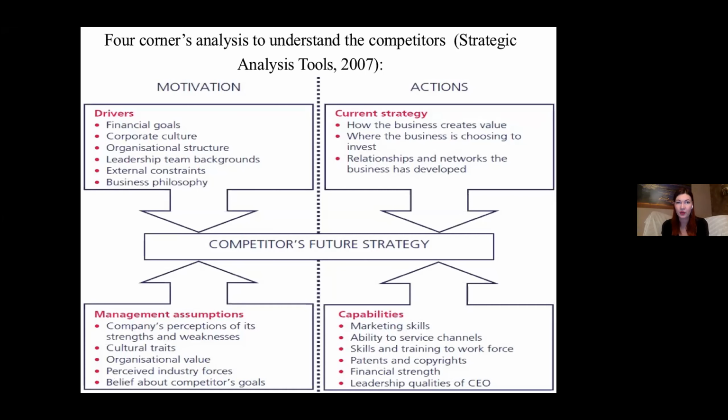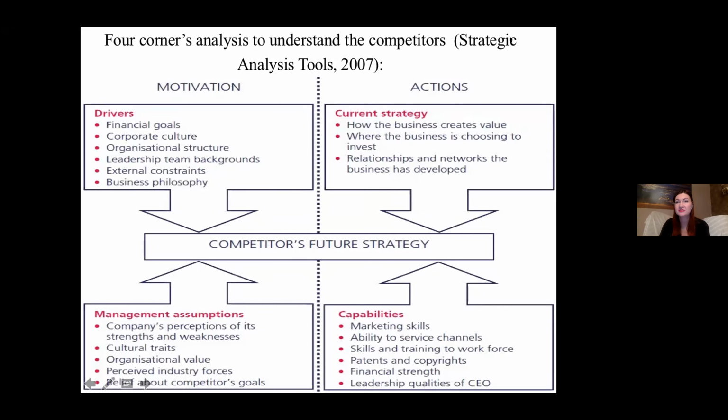How does it work? We take this table with 4 points and we think about our competitors and we make this table for ourselves to understand and for our competitors.